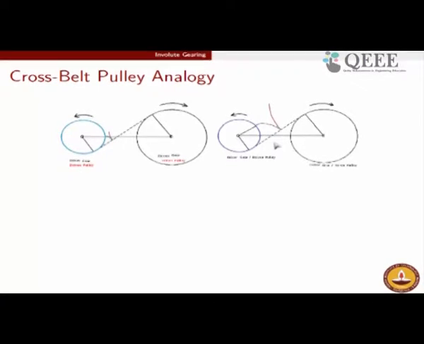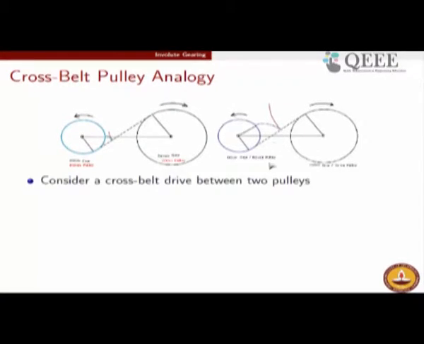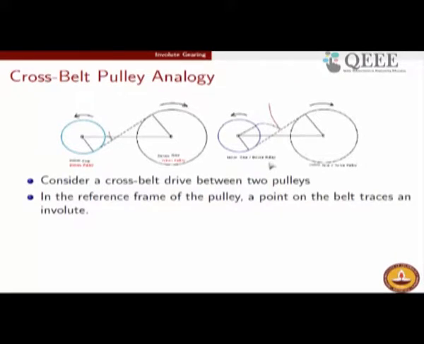So, therefore, the common normal is nothing but the cross belt itself, which is not changing its orientation. So, therefore, the common normal is held fixed during the course of engagement of two involute tooth profiles, which is exactly what we have seen even in our experiment a few moments ago. So, therefore, we come up to this very important conclusion that the common normal has not changed.